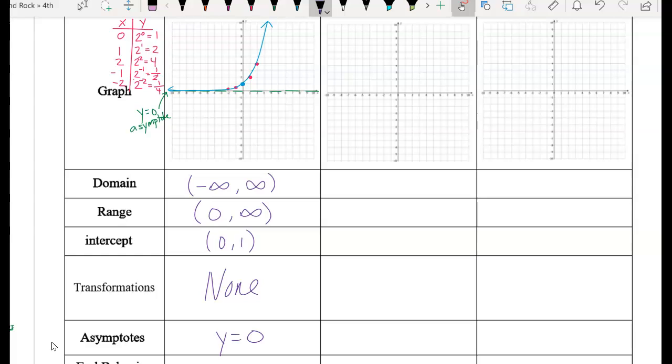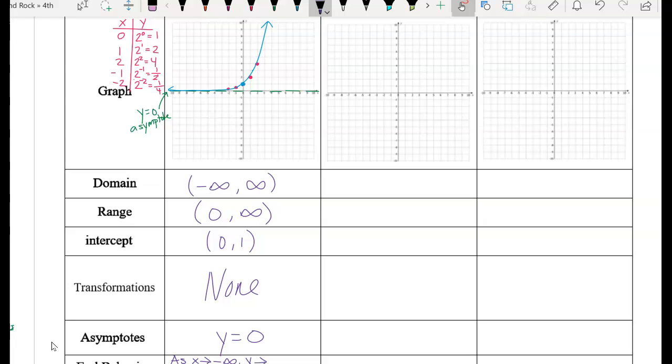What is our first end behavior statement, Sam? Okay, so Madeline, there you go. As x goes to negative infinity... Yes, you chose the harder one.